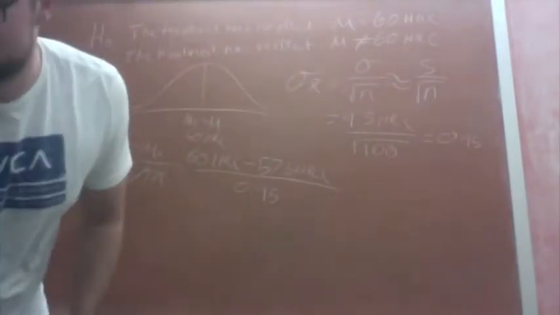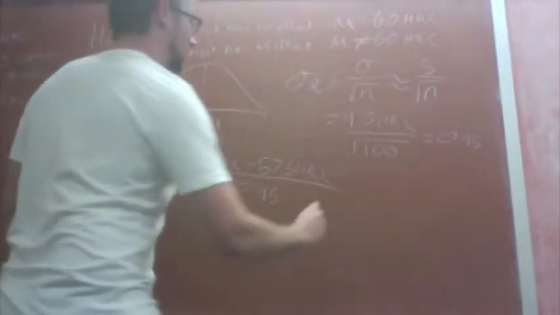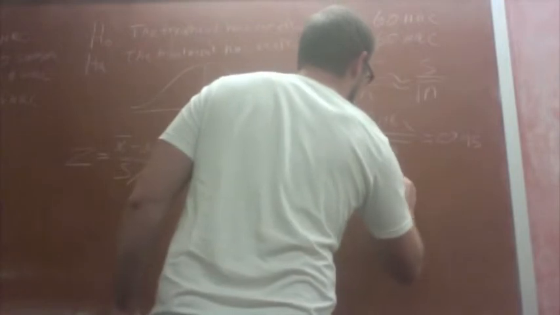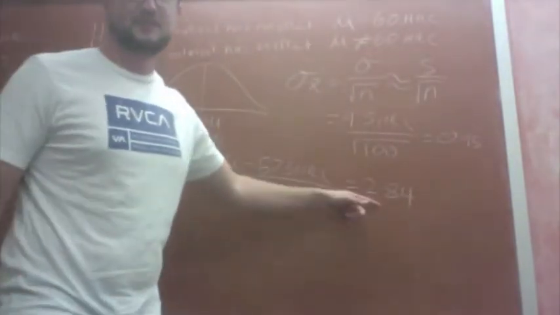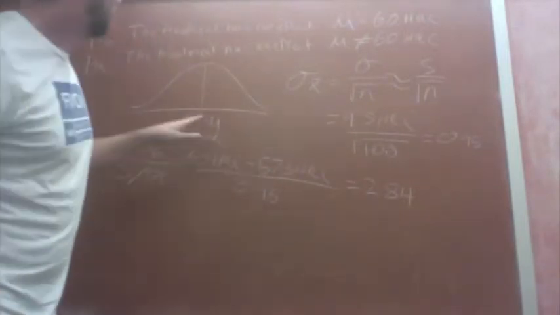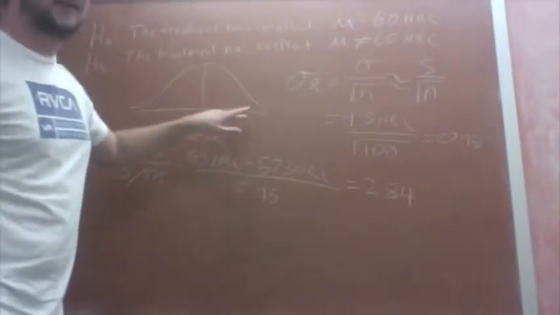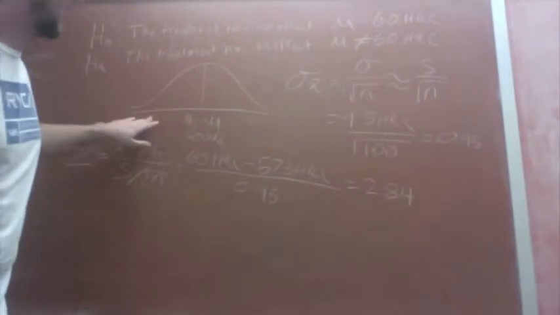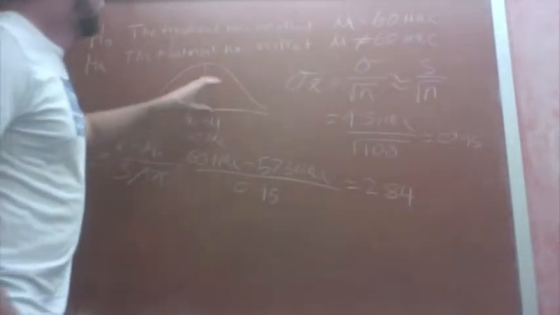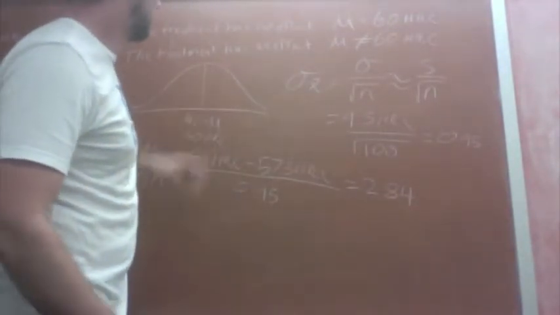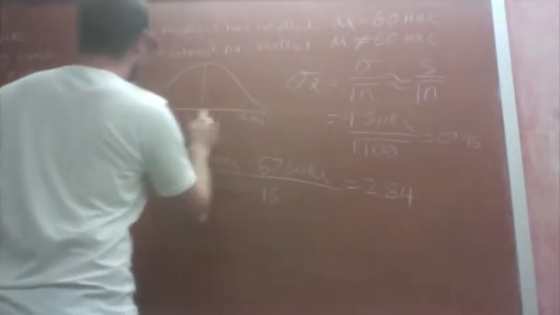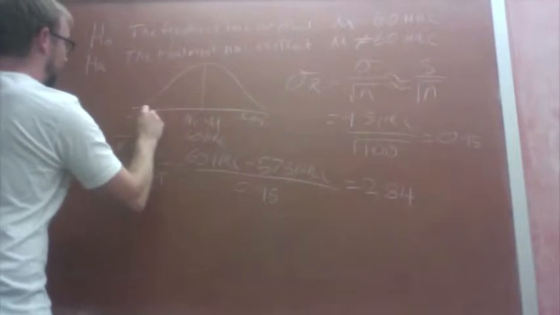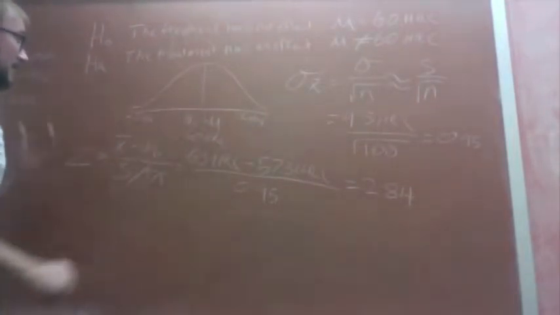And this comes out to 2.84, and that's how many standard deviations this is away from the mean. So both in the positive and the negative direction, we're going to find how far that is away from it. So we're looking for 2.84 this way and a negative 2.84 this way from the mean, and that'll give us our two-tailed test.